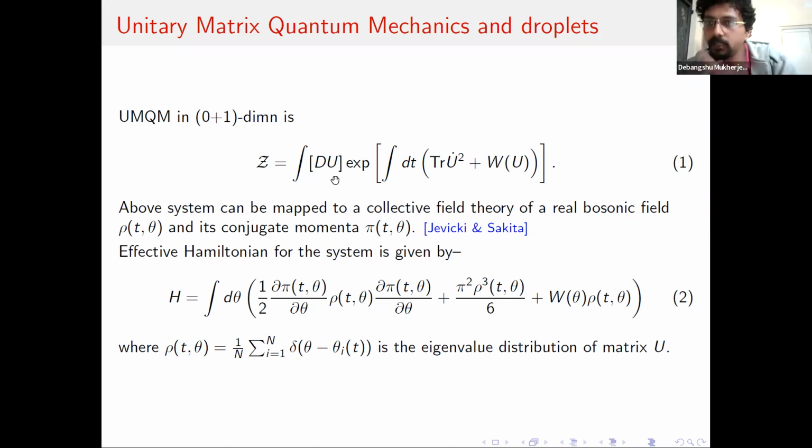If you write it in terms of your eigenvalues, you will get a log potential, right? And precisely when all the eigenvalues try to sit on each other, there is a repulsive force. In this sense, this is a fermionic model, because in some sense you have this Pauli exclusion principle.